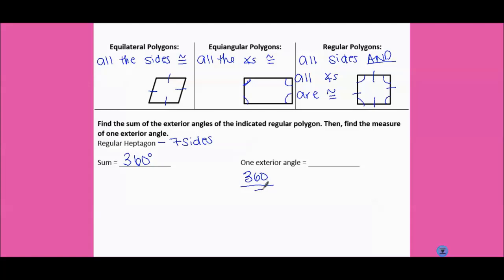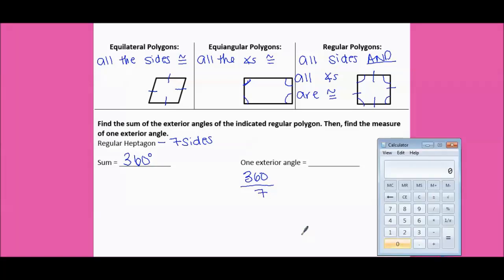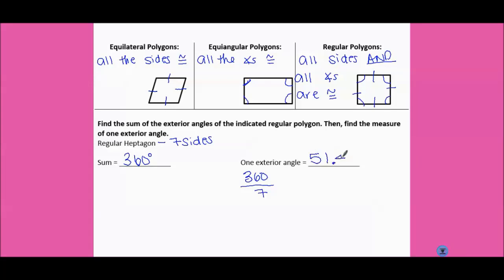So we're going to divide it by 7. So if we take our calculator and we do 360 divided by 7, we get this big long decimal. So we're just going to say 51.429 degrees. We're going to estimate. We're going to round to 3 decimal places.